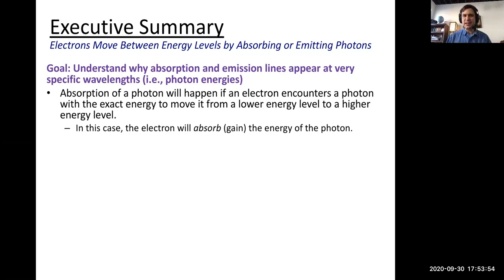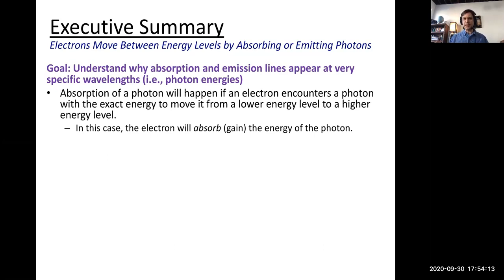In essence, that electron is going to absorb the energy of a photon, and it's going to use that energy, if it's the right amount, and only if it's the right amount, to jump from one energy level to a higher energy level. This is only allowed at those very specific energy levels. So that's how we get absorption.